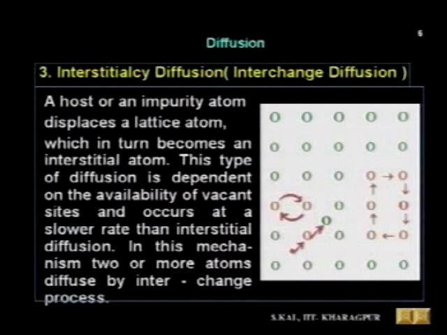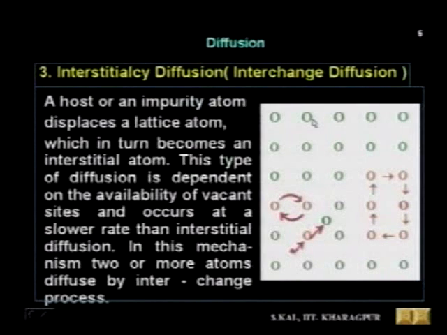This type of diffusion is dependent on the availability of vacant sites and occurs at a slower rate than interstitial diffusion. In this mechanism, two or more atoms diffuse by an interchange process. Okay, that's why it is also known as interchange diffusion. So that is interstitialcy diffusion.